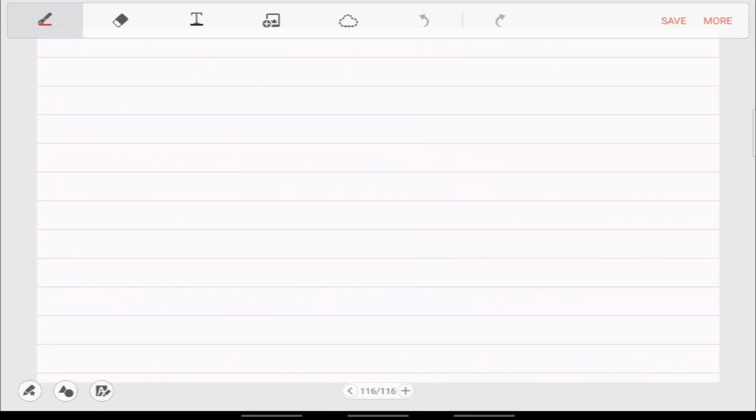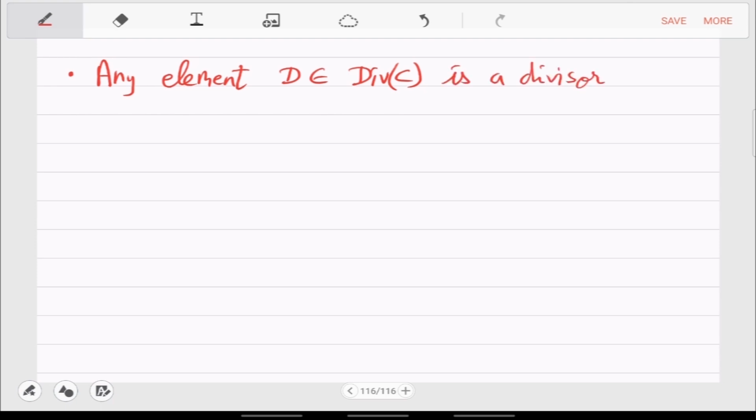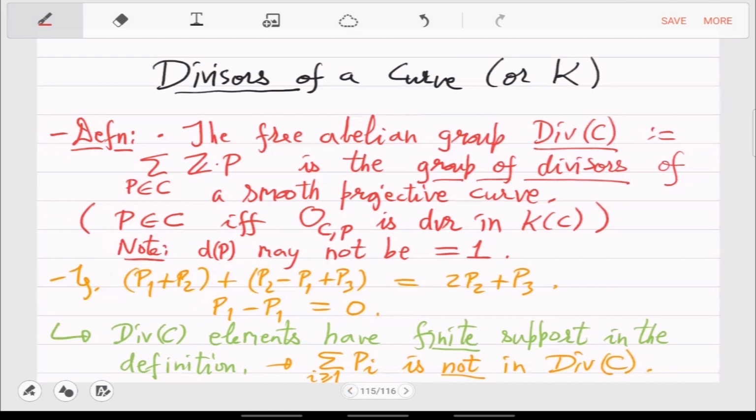Okay, continuing with the definition, any element in Div C is a divisor of K. If you really want to set up an association with integers, the integer ring that you studied in school, you should think of Div C as the integers for your curve.